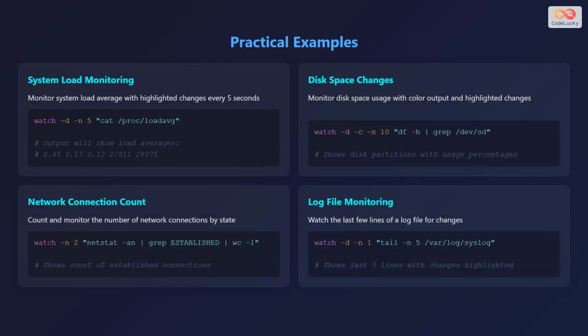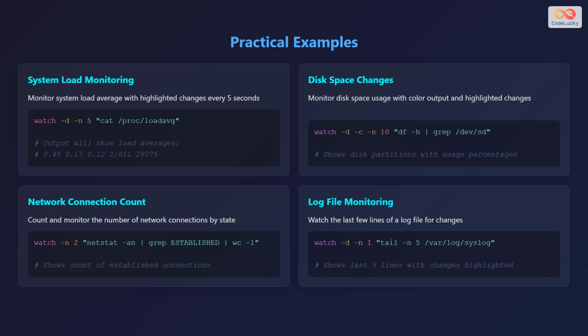Let's dive into some practical examples of how to use the watch command. First, for system load monitoring, use the command watch -d -n 5 "cat /proc/loadavg". This will monitor the system's load average, highlighting any changes every 5 seconds.